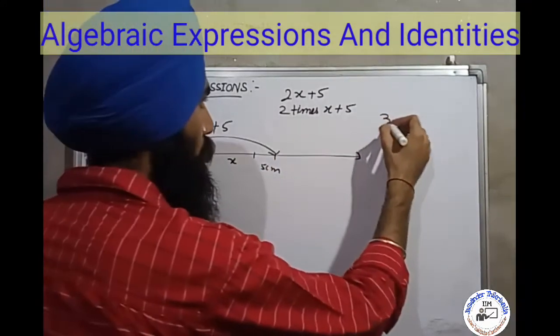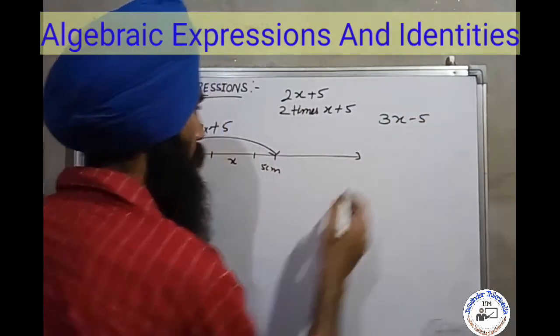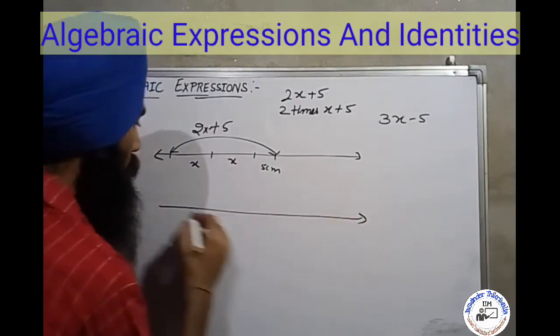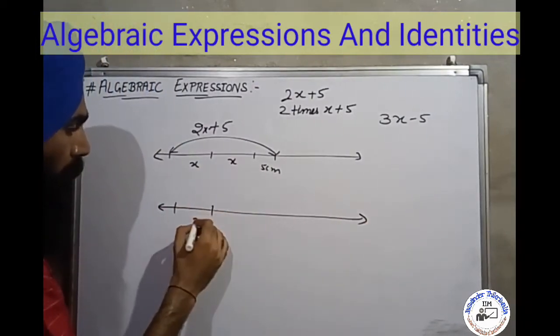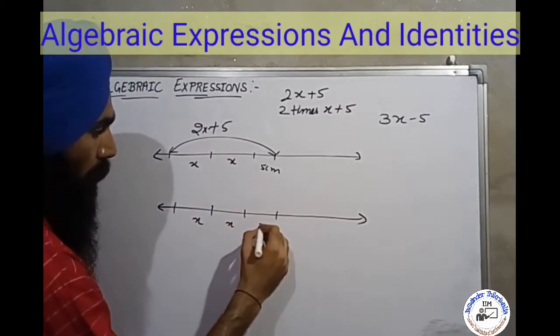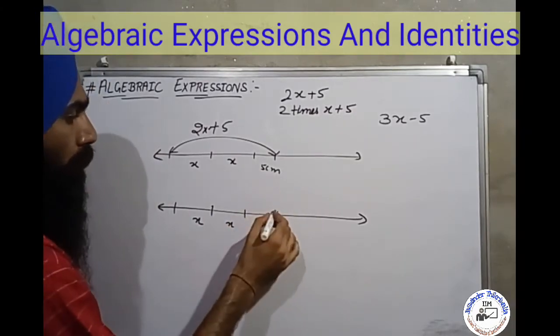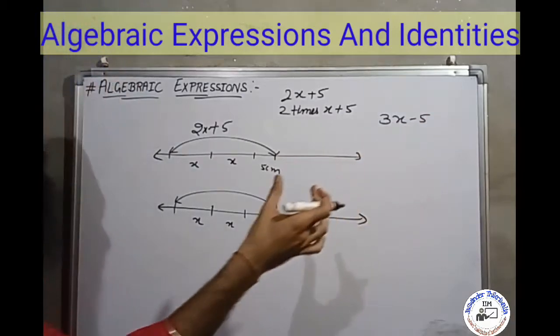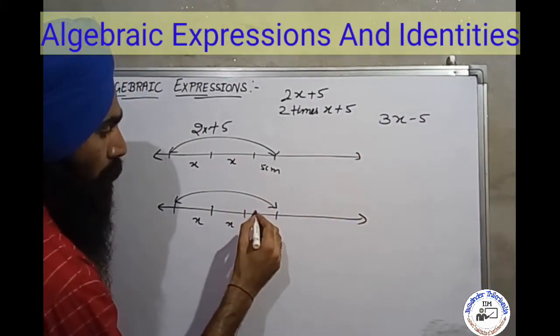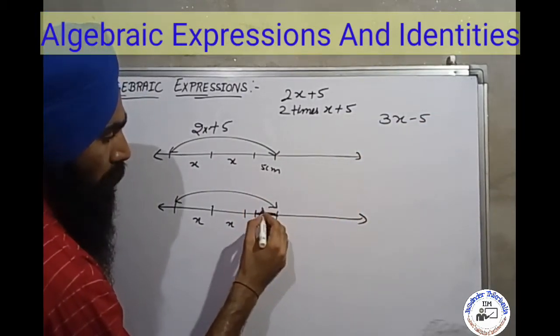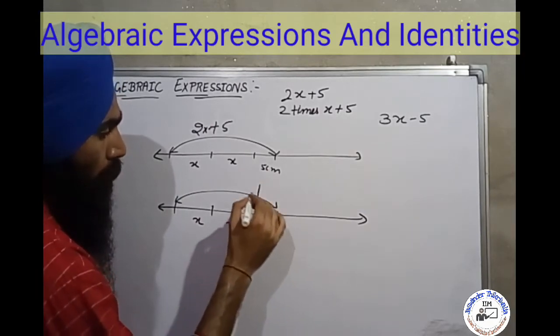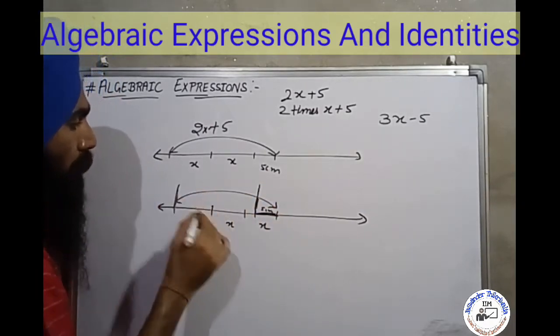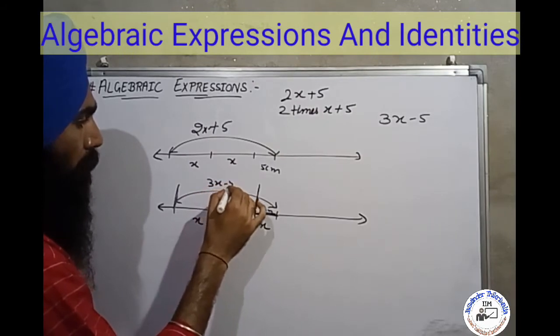Take one more example. If you want to show 3x minus 5, it will be 3 times x, minus 5. From this you want to subtract 5, so take 5 centimeters to this side. This distance is 5 centimeters. Why is the remaining length 3x minus 5?